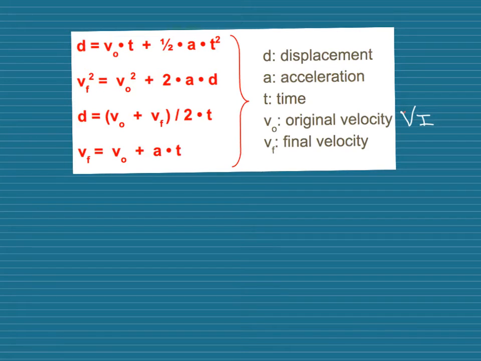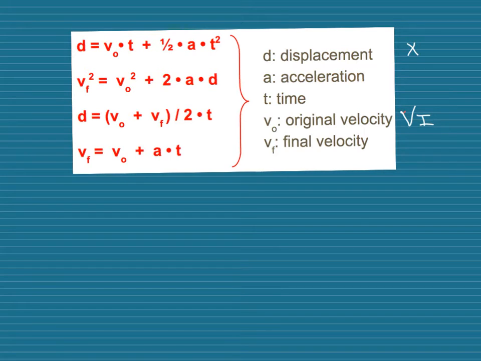I'm going to embed some other videos of people off YouTube teaching this, just in case you need it after today, and they might use VI instead of V0, or they might use X for displacement instead of D. It doesn't matter. I like to use the ones that are on here. Sometimes I'll use VI instead of V0, which is actually pronounced V naught.